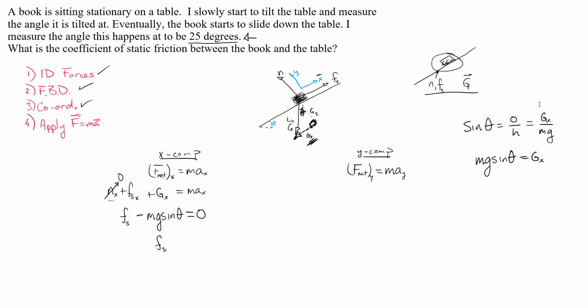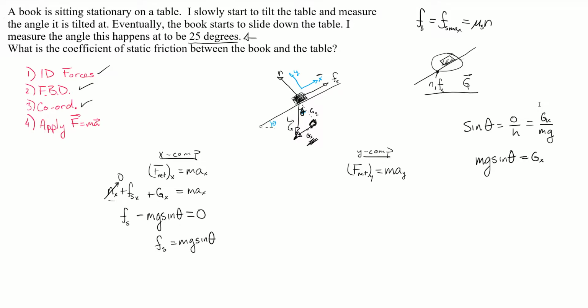We know the force due to static friction is equal to mg sine theta. We know one more thing on this side. Since this is the last point where that force of static friction can keep this book stationary, we know that our force of static friction is actually equal to the maximum possible force of static friction, which, if you recall from a few videos ago, is the coefficient of static friction times the normal force, right?